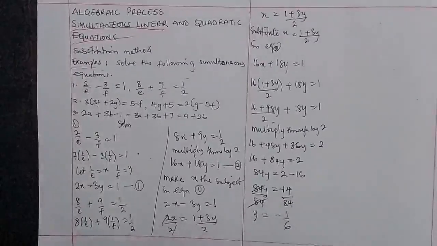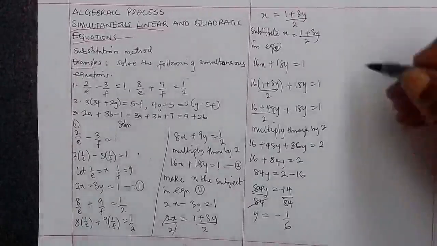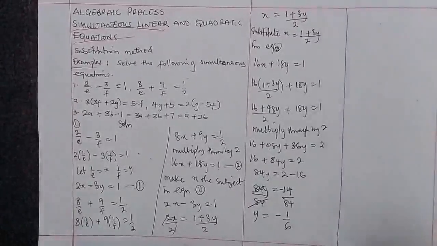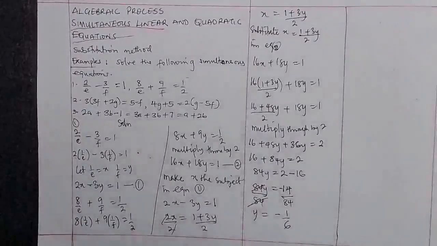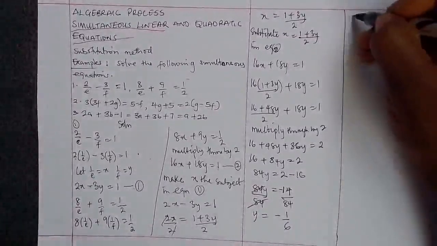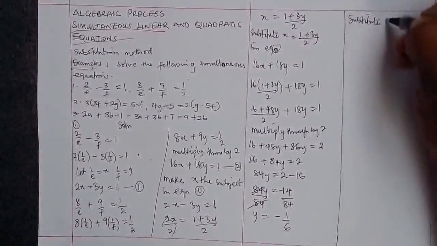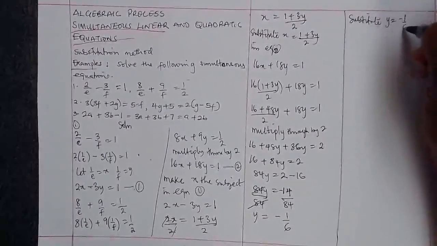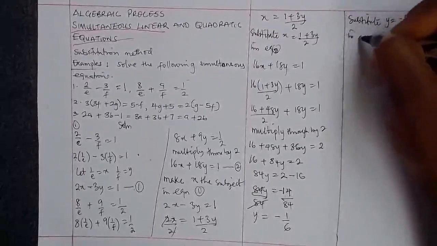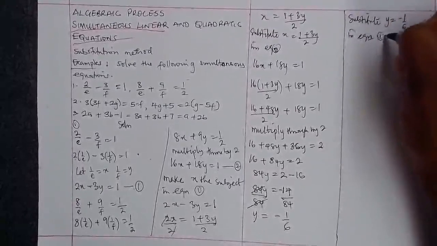Now that we have gotten the value of y, we'll try to get the value of x. We substitute y equal to minus 1 over 6 in equation 1.